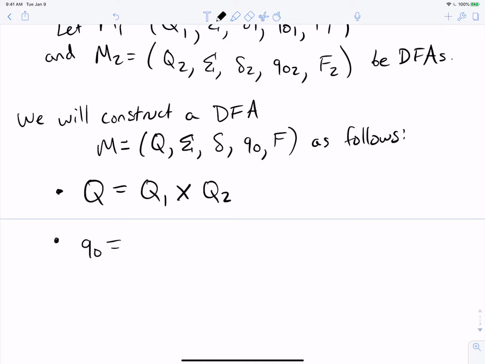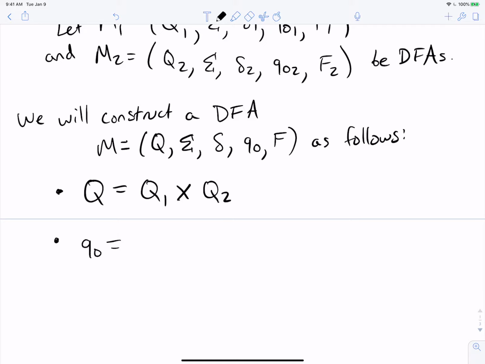They're ordered pairs, because the state set here is Q1 cross Q2, the Cartesian product, so every state in here is an ordered pair. And you may think, you can't do that. States have names. They can't be ordered pairs.